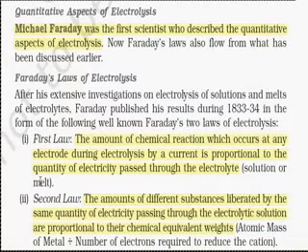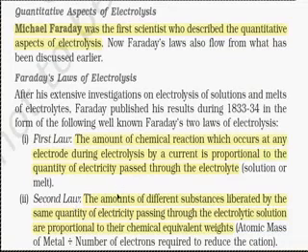You can say that the amount of product produced at the electrode is directly proportional to the quantity of electricity passed. That is, if W is the mass of the product produced and Q is the quantity of electricity passed, then W is directly proportional to Q.